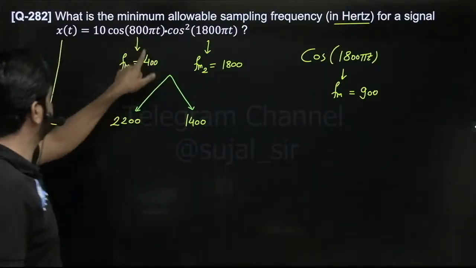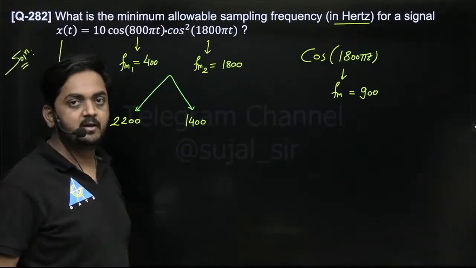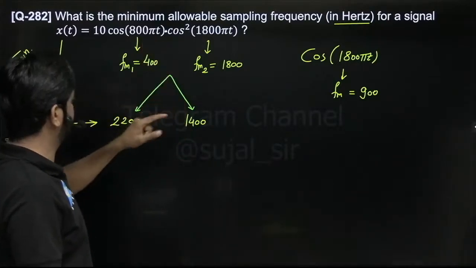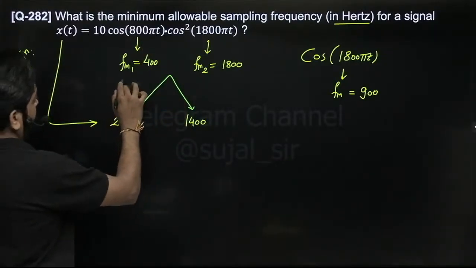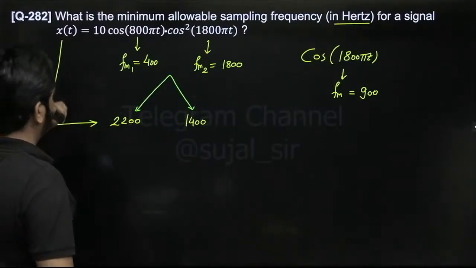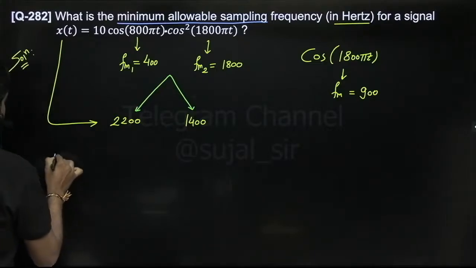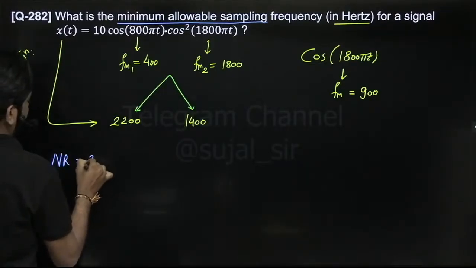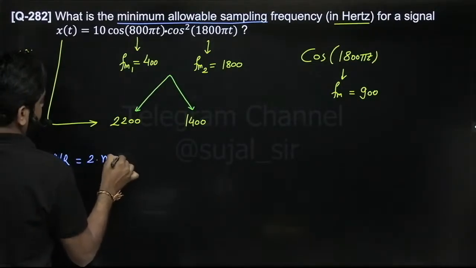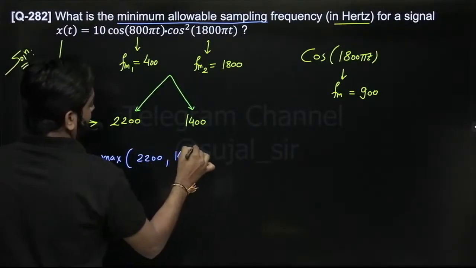Okay, here frequency 400. Here after taking square, frequency will be 1800. After multiplication there will be two frequencies, fm1 plus fm2, fm1 minus fm2, and finally they are asking the minimum allowable sampling rate. Minimum, that means Nyquist rate, guys. Nyquist rate is nothing but twice maximum of these two. Maximum of these two. Correct?